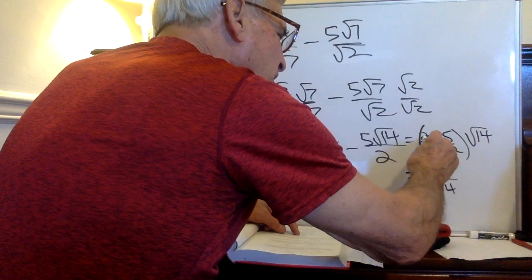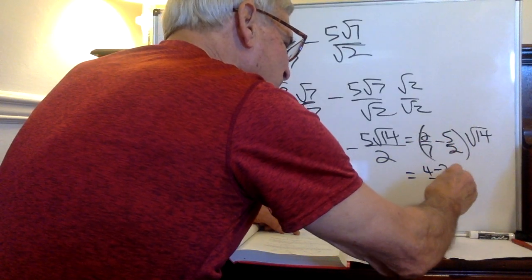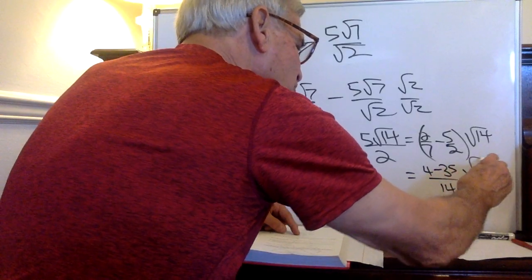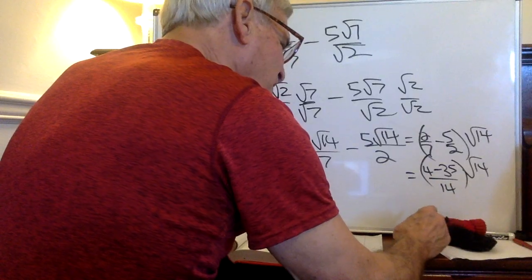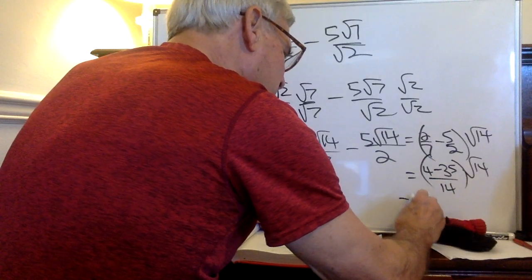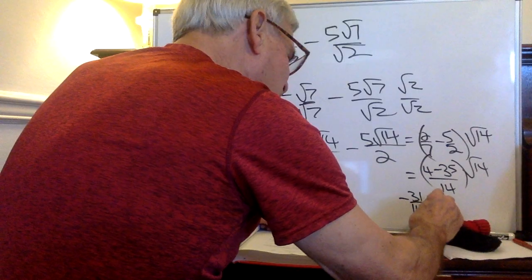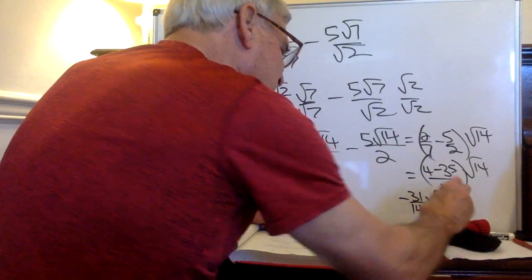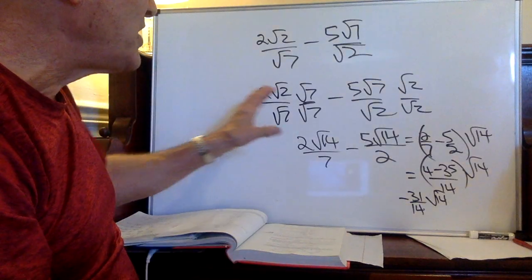So I need to multiply that by 2, so I get 4. Here I need to multiply by 7, minus 35 root 14. 4 minus 35 is negative 31 over 14 root 14. Kind of sloppy, I'm sorry, but that's the process you would follow.